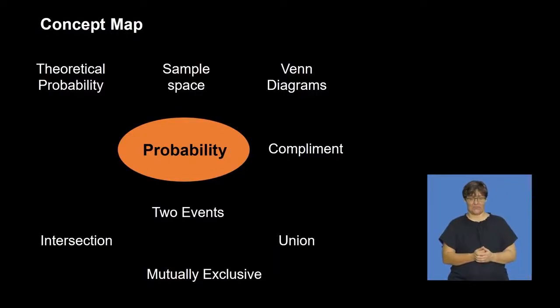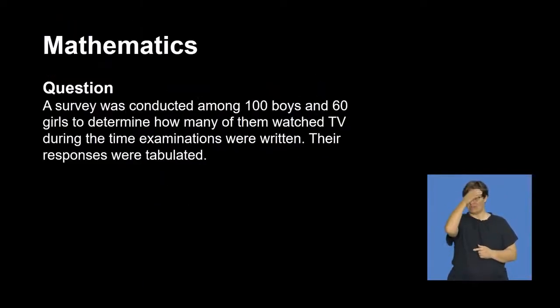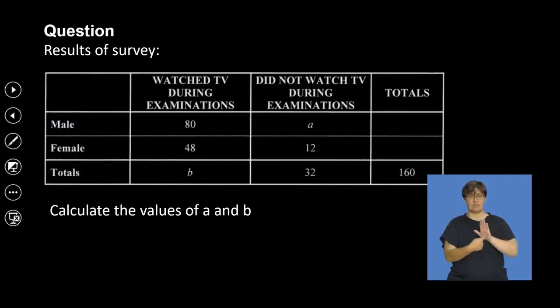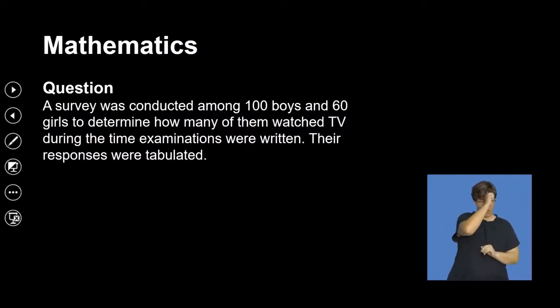So applying our concept map, we recognize we've got a situation here where there's a survey that's conducted amongst a particular sample of boys and girls. Within the survey there are 100 boys and 60 girls.